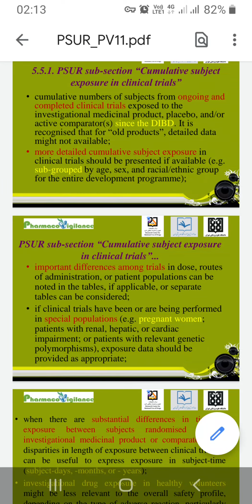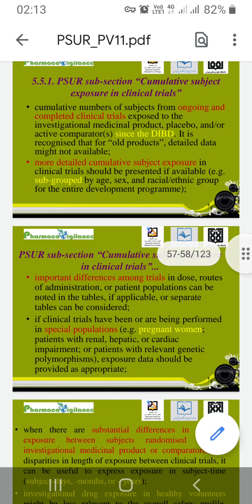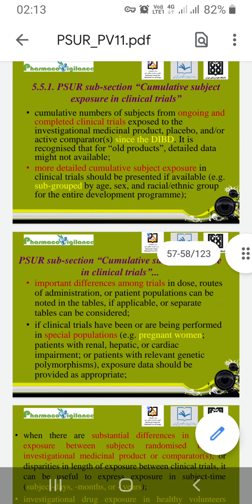This is the PSUR subsection on cumulative subject exposure in clinical trials. Cumulative numbers of subjects from ongoing and completed clinical trials exposed to the investigational medicinal products, placebo and/or active comparator.